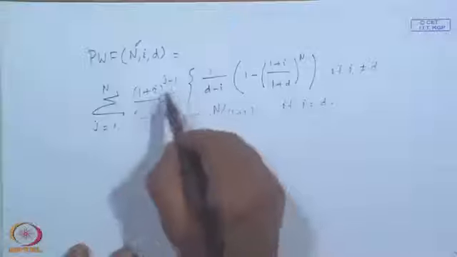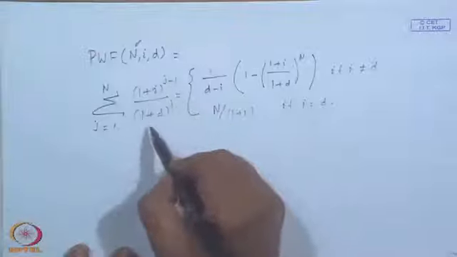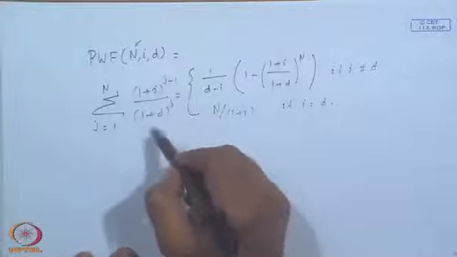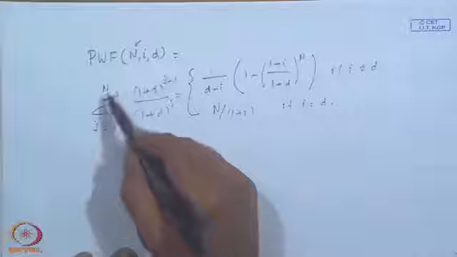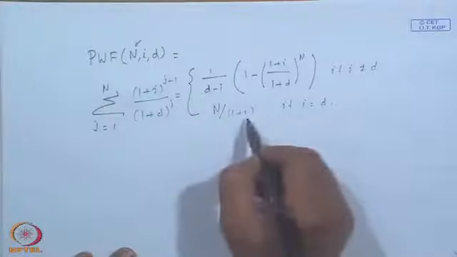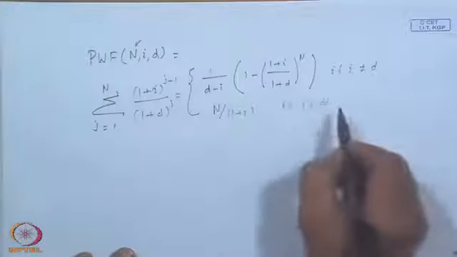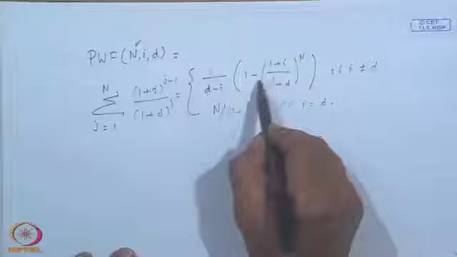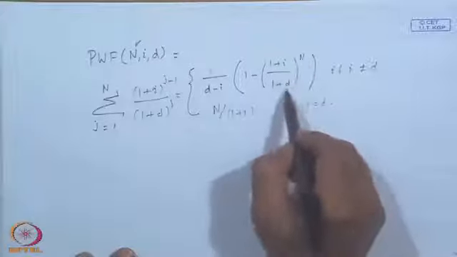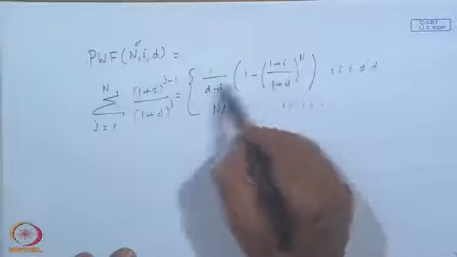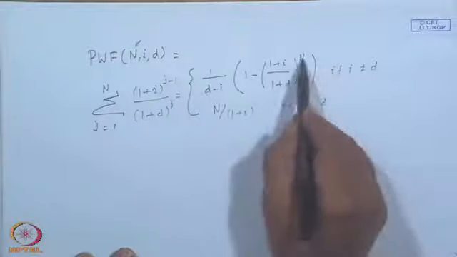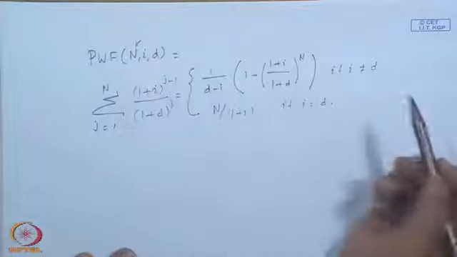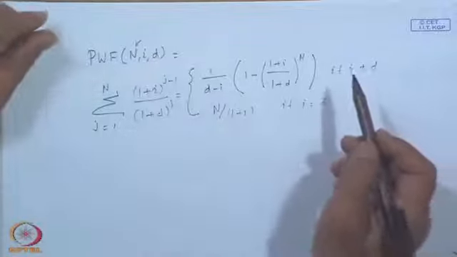So, if I is equal to d, this will be a d, this will be a d, j minus 1 by j, it will be 1 by 1 plus d summed over 1 to n will be n by 1 plus I or 1 plus d. Okay. So, 1 by d minus I into 1 minus 1 plus I by 1 plus d to the power n, that is the same thing which we have written in terms of n, and this is summed up over this period.